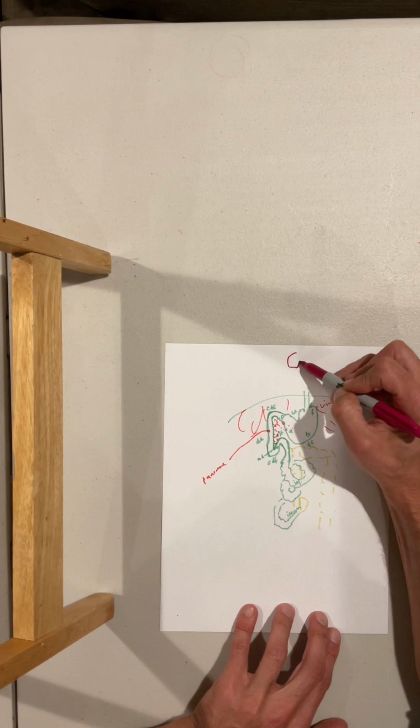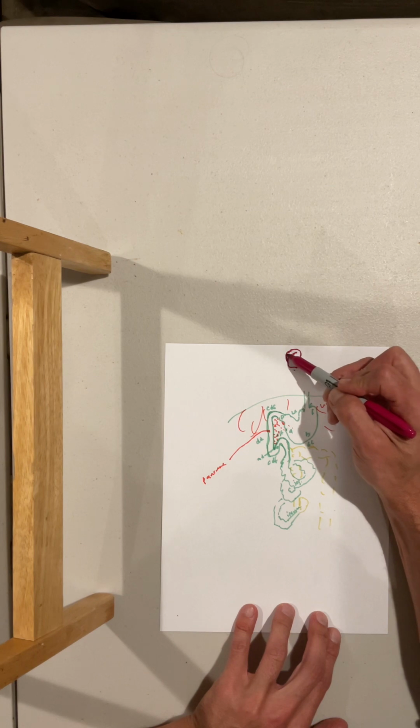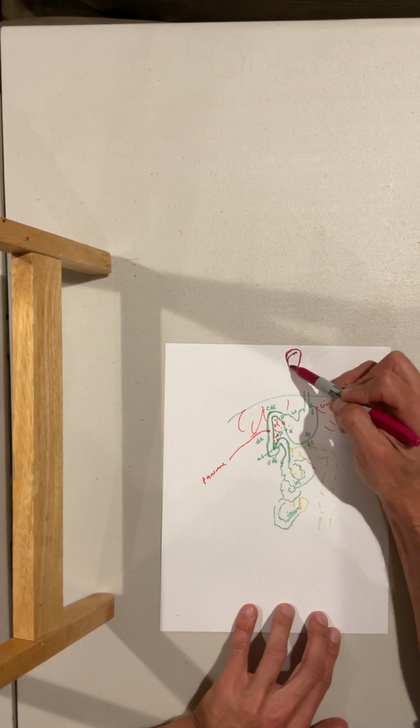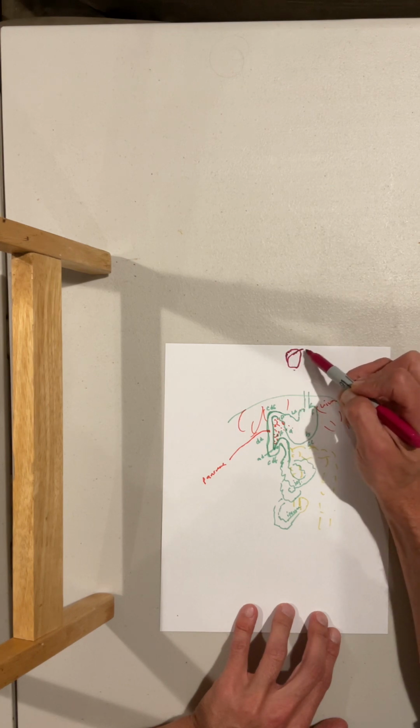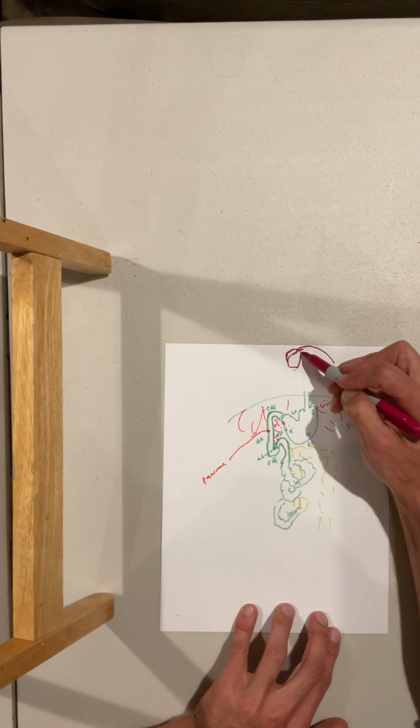So we've got our right side, and then we're going to our lungs, and we've got our left side, and then we're going to make our way out, and we're going to come down the aorta.